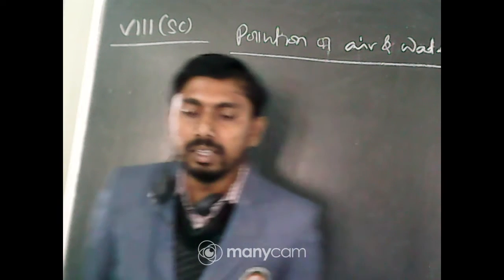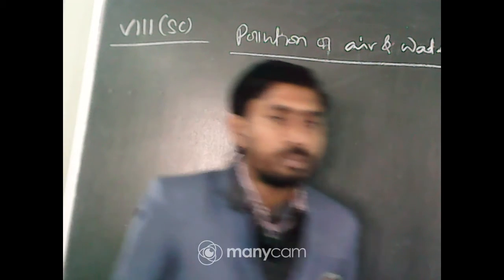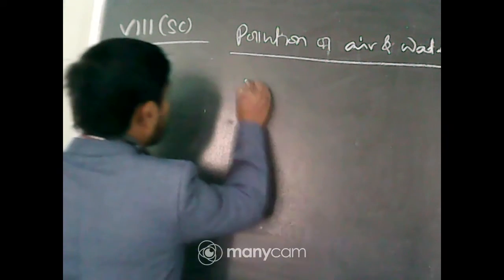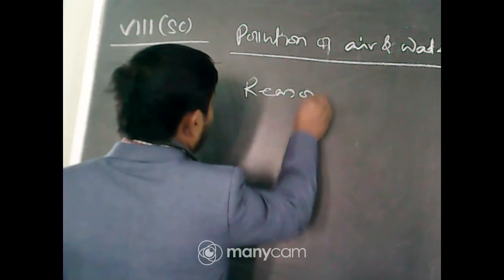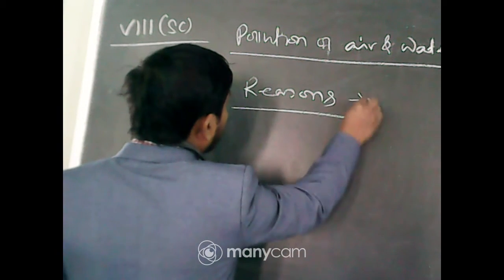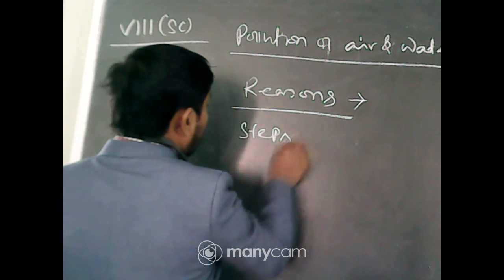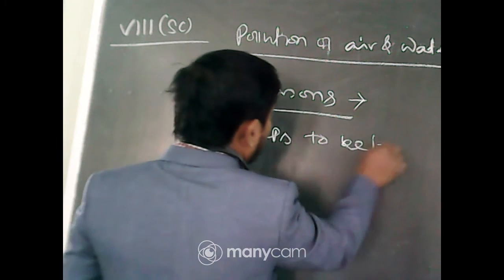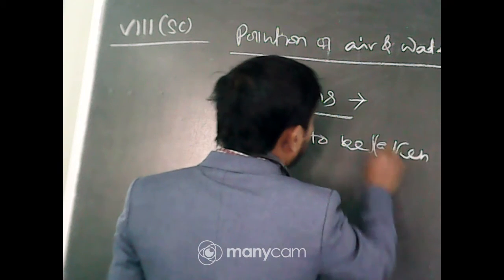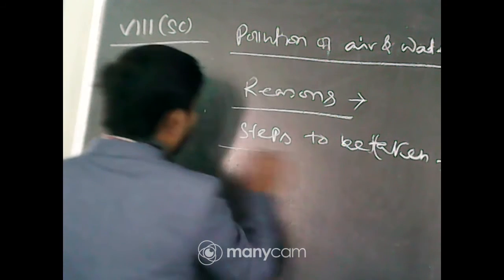Now this is a large descriptive part, and in this part we find out the reasons of water pollution, and the steps to be taken to get relief from water pollution.